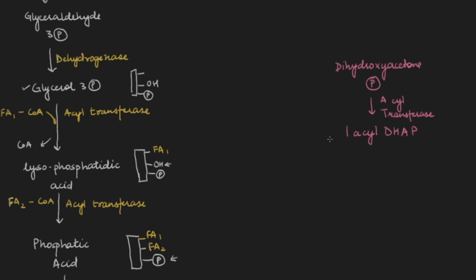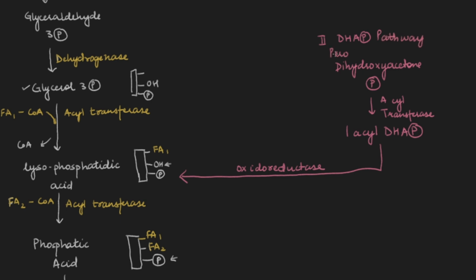And this 1-acyl dihydroxyacetone phosphate will get converted into lysophosphatidic acid with the help of oxidoreductase. So this is the second pathway, which is called the DHAP pathway, and it occurs in peroxisomes and endoplasmic reticulum.